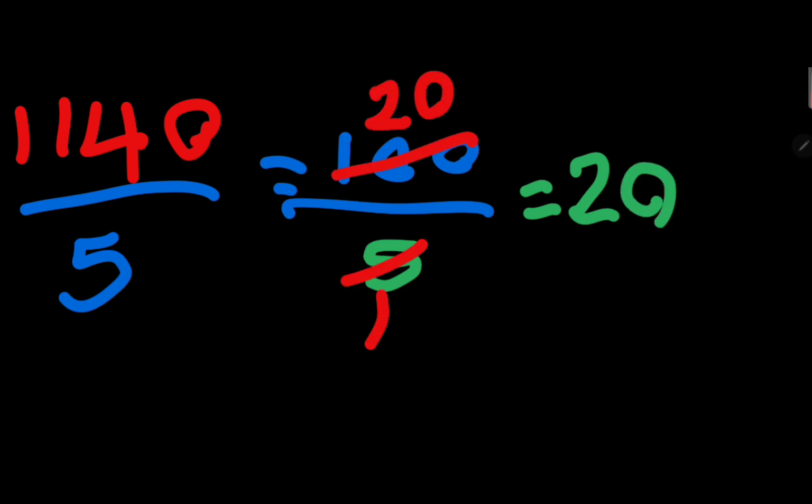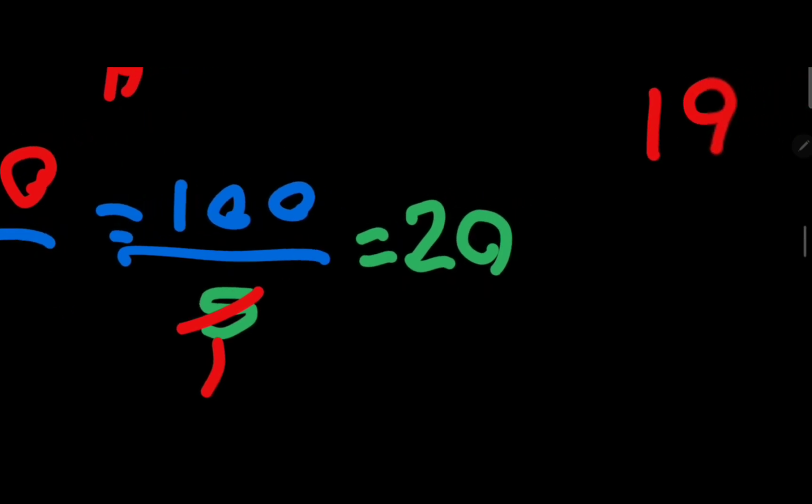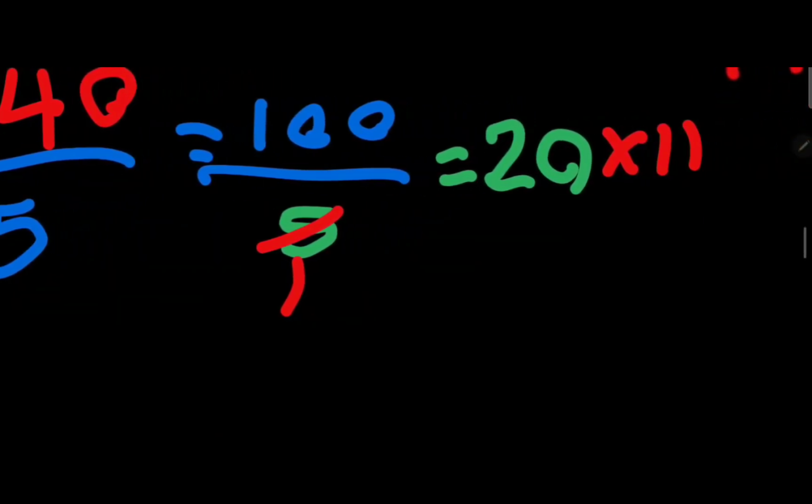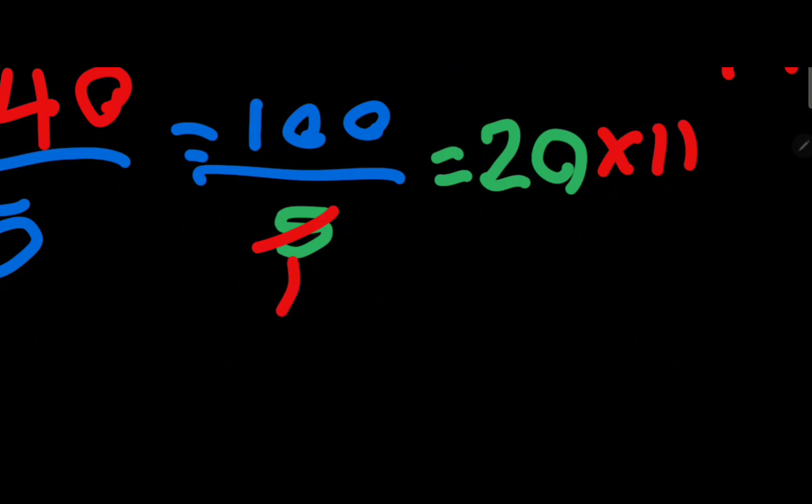Okay, but here's the thing. That was 100. How many hundreds do we have in 1140? Yes, the answer is in the name, 1100. Or how many hundreds in 1100 would be 11. So we multiply this by 11. So 20 multiplied by 11 will be 220.